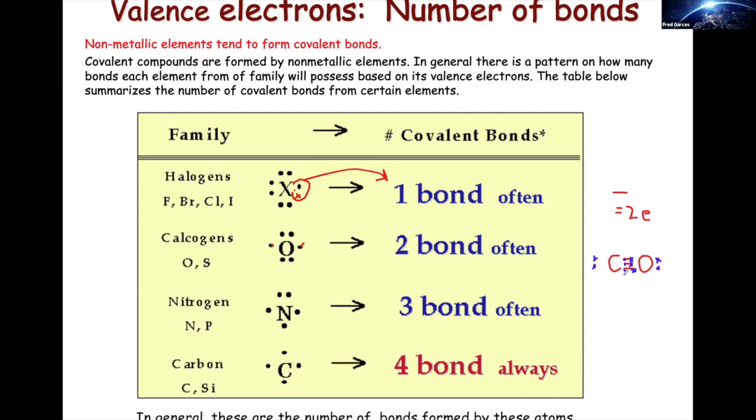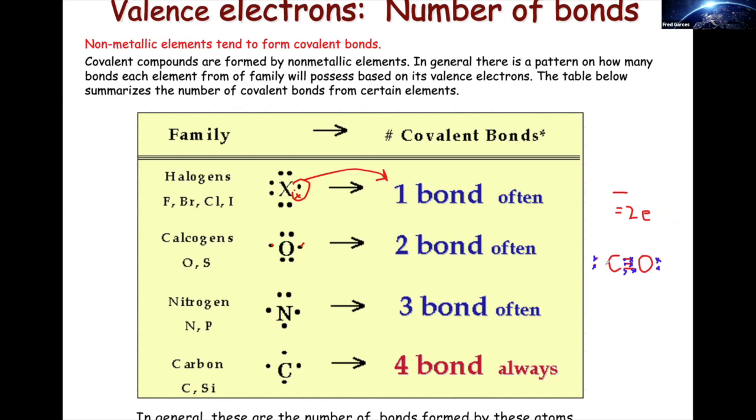So one of these bonds is coming entirely from the oxygen. We have 1, 2, 3, 4, 5, 6 right here for oxygen, 1, 2, 3, 4 for carbon. So carbon monoxide is one of those exceptions for carbon always having 4 bonds.